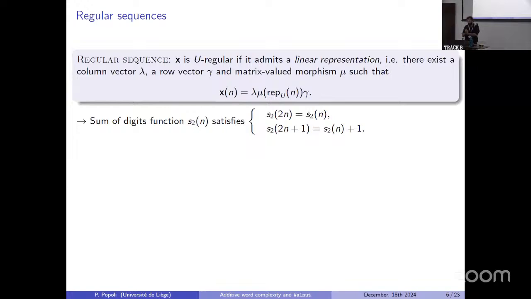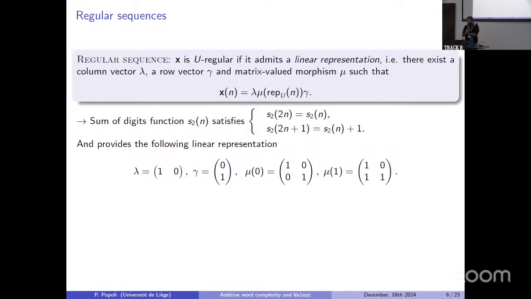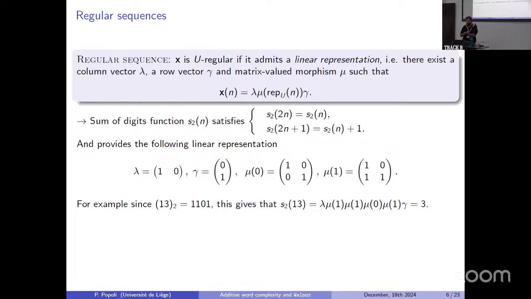And we just give a short example. The sum of digits function s_2(n) satisfies these two easy relations. And then we can provide the following linear representation, and see how we can compute the sum of digits of 13, for example. This is lambda times mu1, mu1, mu0, mu1, and this gives the value 3.